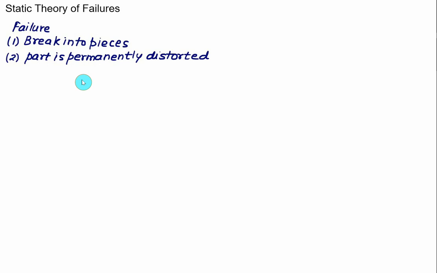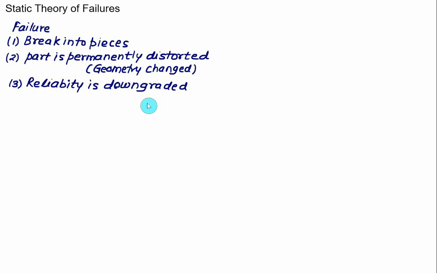When we say the part is permanently distorted, it means that the geometry has been changed. The third failure is that the reliability is downgraded. Before the failure, the machine part has good reliability, but at failure the reliability is downgraded.